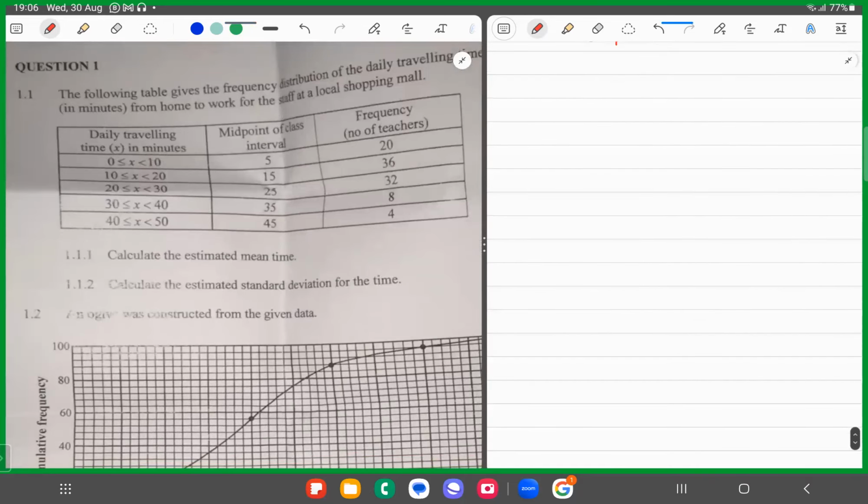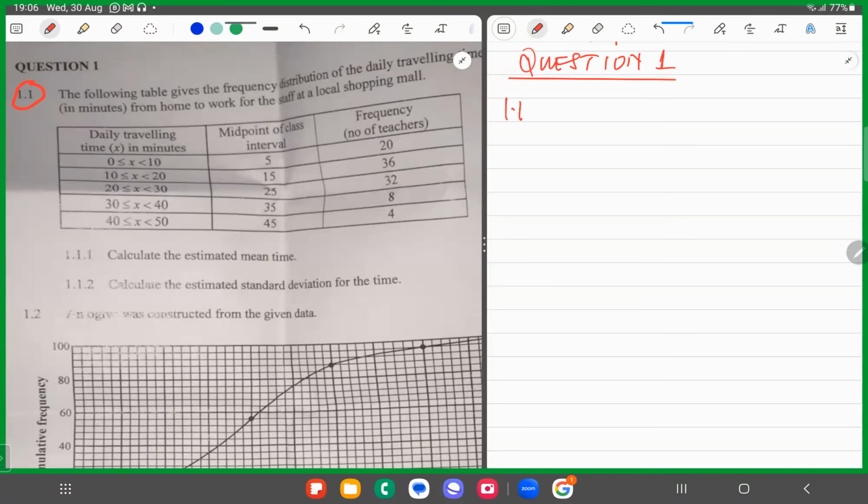All right, question 1 is a very interesting one and focuses on a couple of things. We look at it together. We're looking at question 1.1.